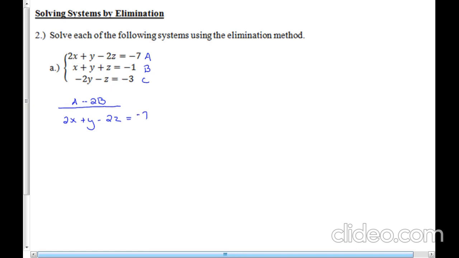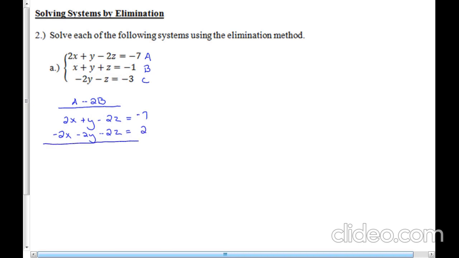So if I multiply B by negative 2, that's going to give the x opposite coefficients. So I'm taking equation B and multiplying it by negative 2. So x times negative 2 is negative 2x, y times negative 2 is negative 2y, z times negative 2 is negative 2z, and negative 1 times negative 2 would be positive 2.